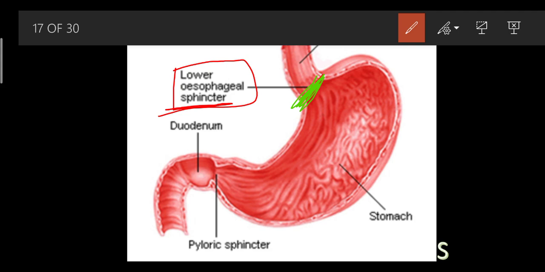Suppose you have eaten food which is there in your stomach. This food should not go back into your esophagus. If in some condition the food travels back, the food which is present in the stomach goes into the esophagus, and from the esophagus it comes out from your mouth.